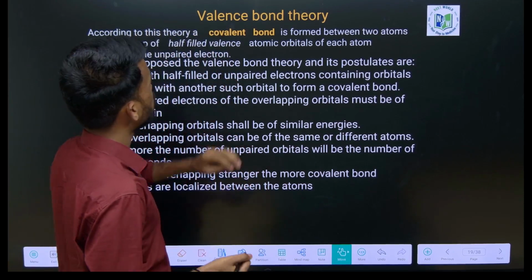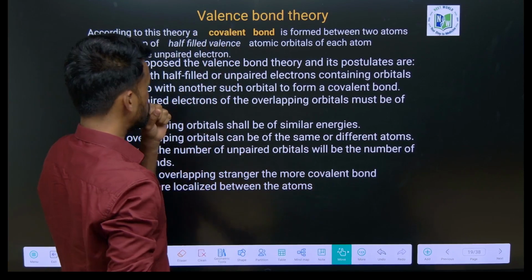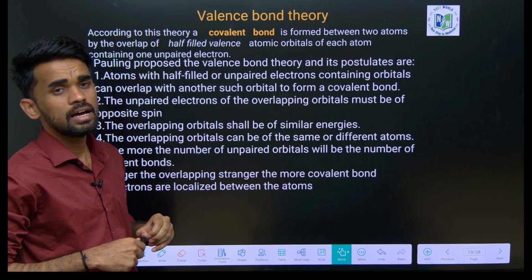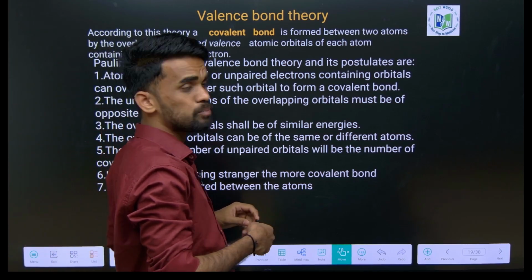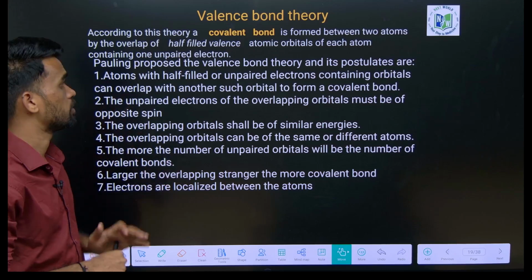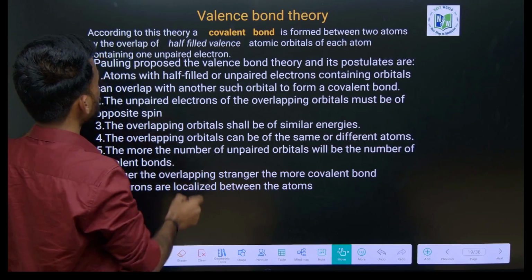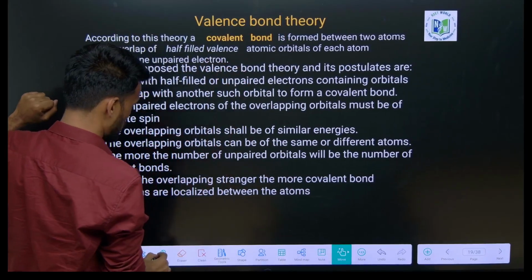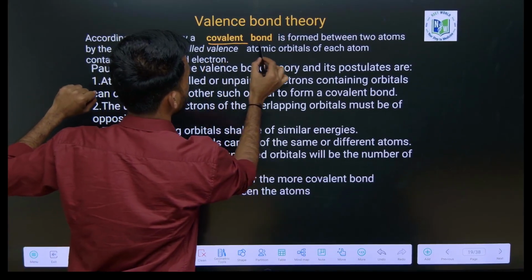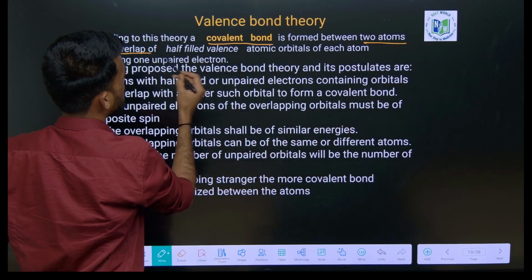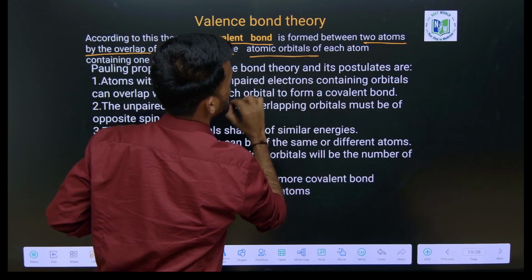Now here we have valence bond theory. This was developed by Heitler and London, and then it was further improved by Linus Pauling. According to this theory, a covalent bond is formed between two atoms by overlapping of the half-filled valence atomic orbitals of each atom.